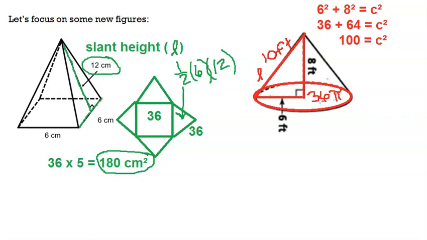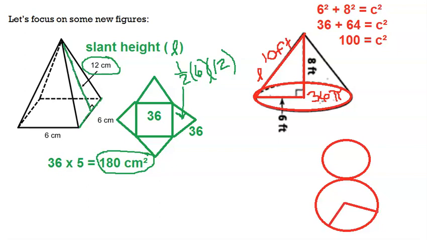And now this is where I really hate doing this, but I'm going to have to. If you were to draw the net of a cone, and I'm just warning you, it's not going to be pretty, what you would actually get would be one circle, and then you'd get another circle, but you'd have something cut out of it.